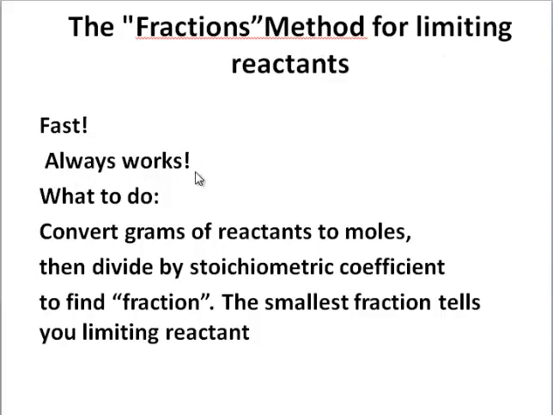This method always works. And here's what you do. Convert grams of each reactant to moles, then divide moles of each reactant by the stoichiometric coefficient to find the fraction. The smallest fraction tells you the limiting reactant.